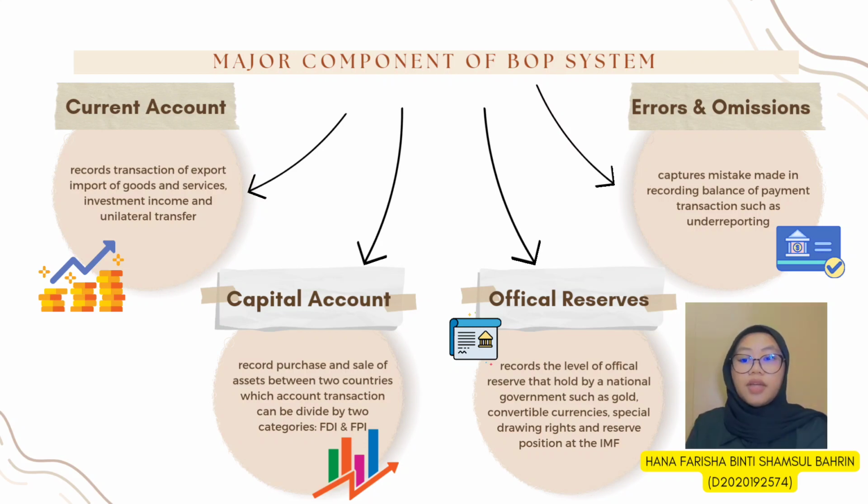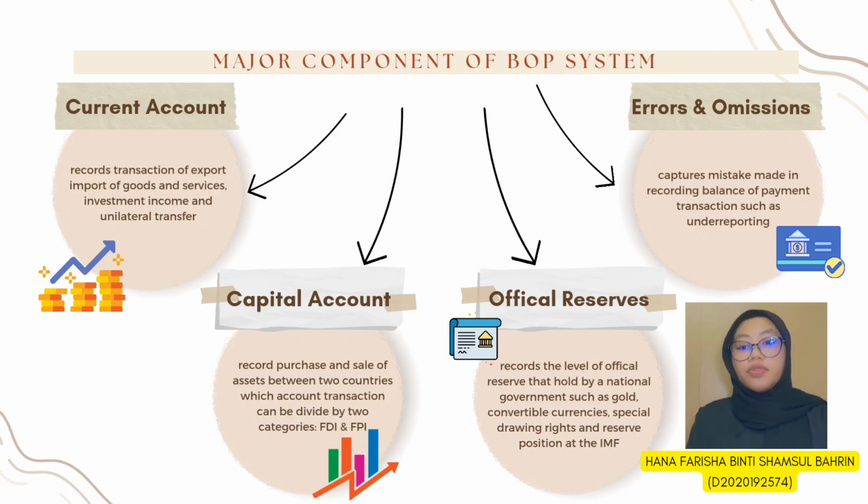The first one is the current account. It records transactions of exports and imports of goods and services, investment income, and unilateral transfers. The second one is the capital account. It records purchases and sales of assets between two countries, and these transactions can be divided into two categories, FDI and FPI.